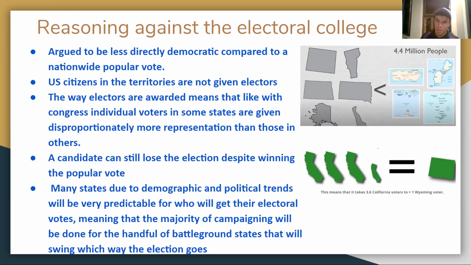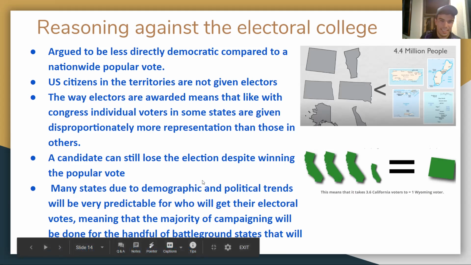So if you divide all the people in California by 55, and all the people in Wyoming by 3, the Californians are almost 1/4 the size in their voting power per person. So it's a little unequal in who gets to participate as much in this democracy with the voting in the Electoral College.